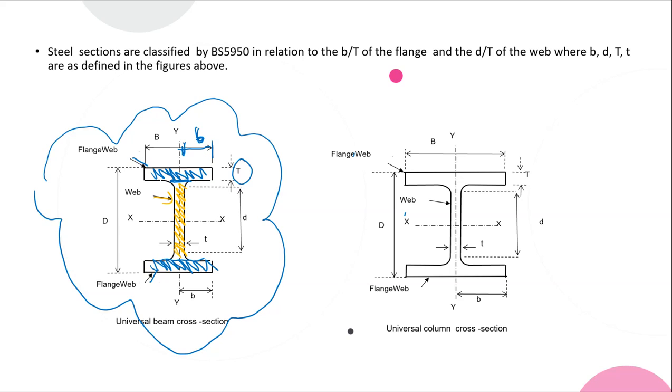Okay, so nampak colour. Sorry, B over T of the flange and D over T of the web. So of the web yang kat sini. So you nampak D mana? D yang tengah ni bahagi dengan dia punya thickness ni. Okay, so ini sama juga kalau you tengok yang untuk flange. Dia pakai small b, half of this big B, but you have to divide with the big capital T kat sini.